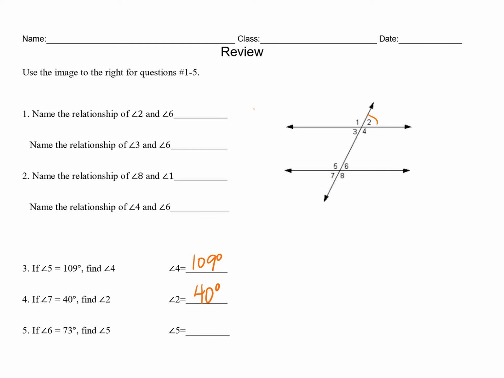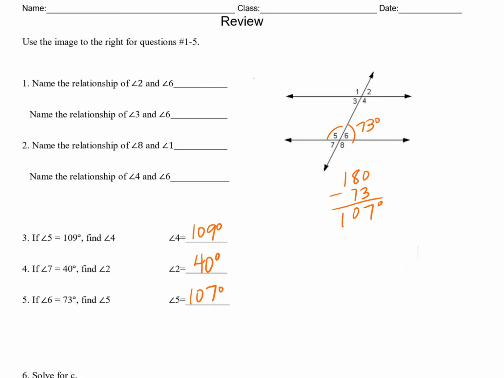Angle 6 is 73 degrees. Angle 5, those two would add up to make a linear pair, so you're looking at 180 minus 73, which would give you 107.